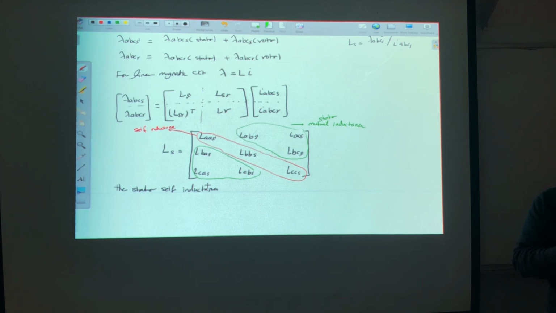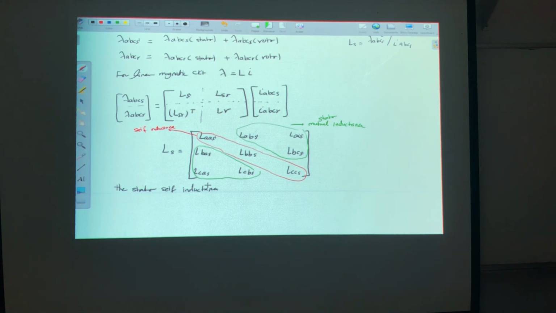The leakage inductance, and the second one is called the magnetizing inductance. What's the difference between the leakage and the magnetizing? The leakage is only cutting or interfacing with the coils of the current itself, while the magnetizing is interacting with all the coils.